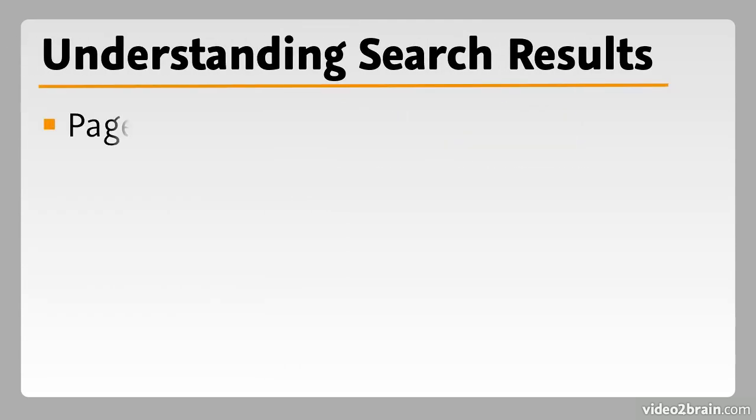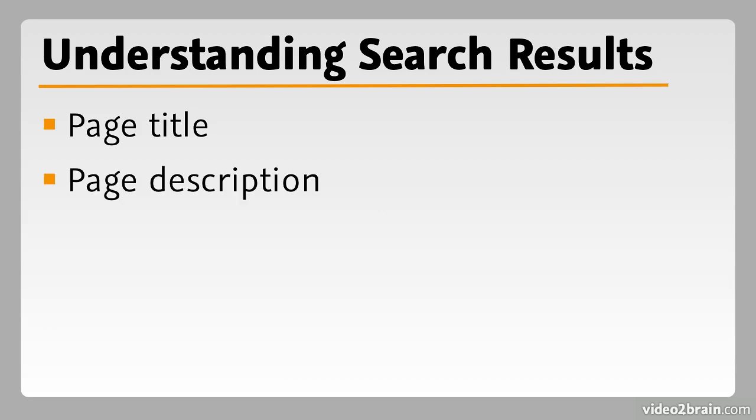So in understanding our search results, the page title is everything. It's the largest, boldest, and most easily read text on the page. The page description is that smaller black text, and we're going to look at how we can build a marketing message into that, and the URL so that people can see what page it is.